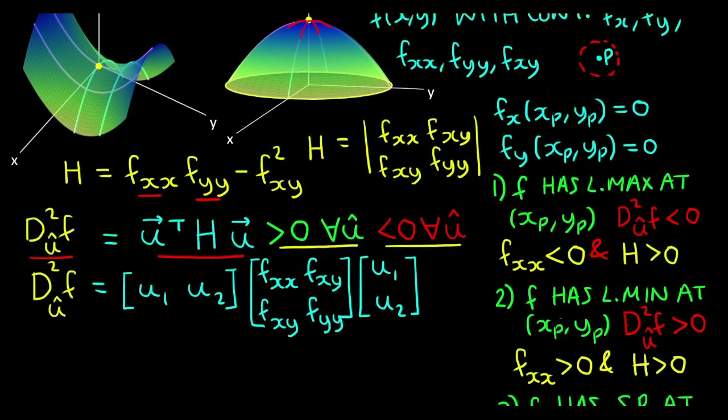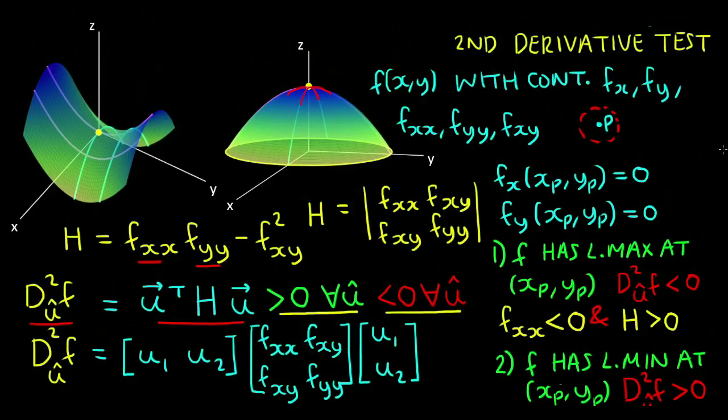So let's have a look at a couple of sample graphs here. So for our hyperbolic paraboloid, we see that at the critical point, we have a second derivative in the x direction being less than 0. So the curve is concave down. So this means that the second partial derivative with respect to x is less than 0. But in the y direction, so we have the second derivative in the j direction, we see that the curve is concave up.